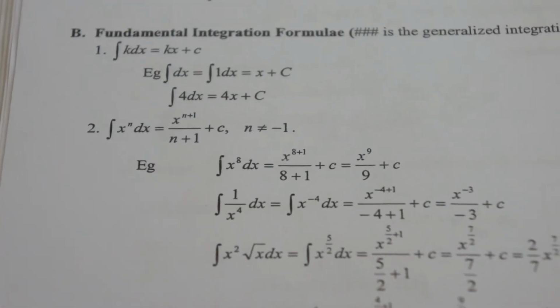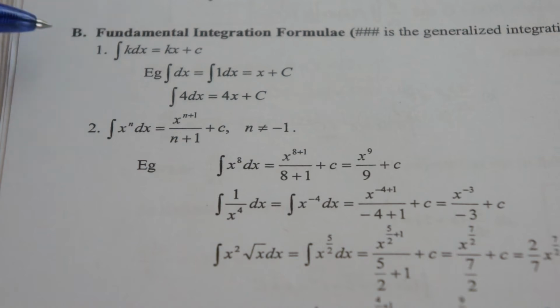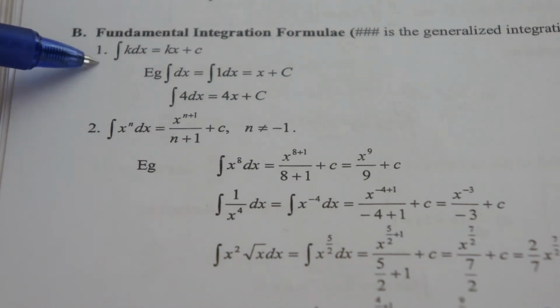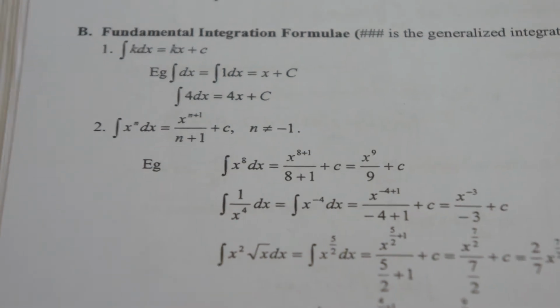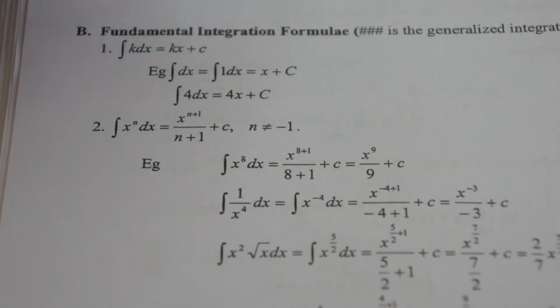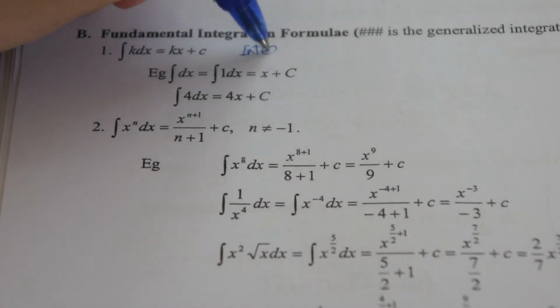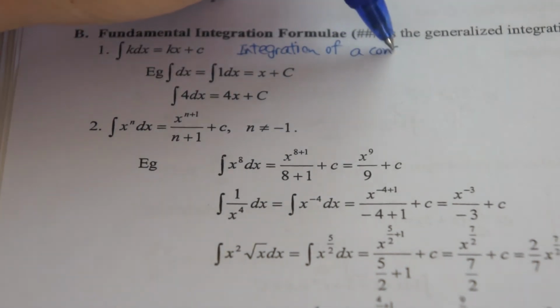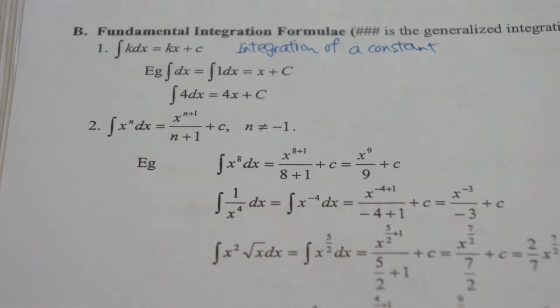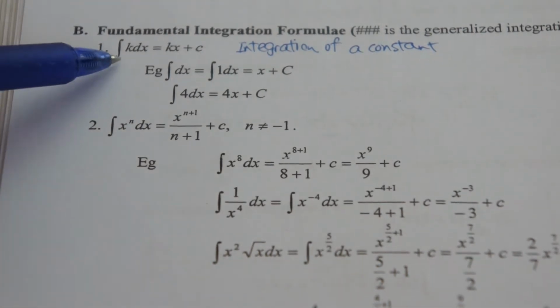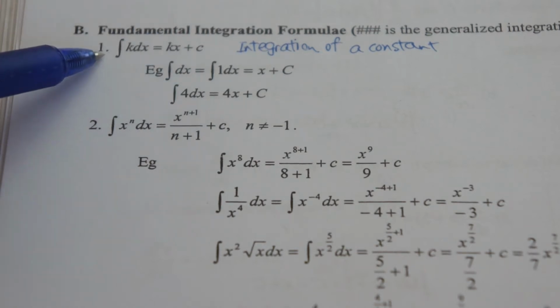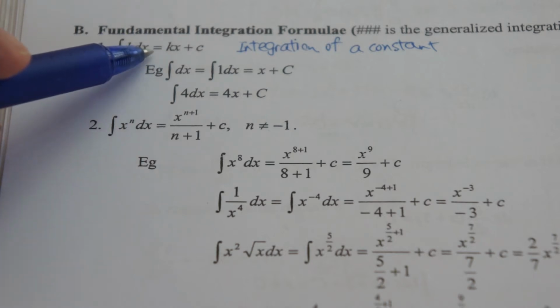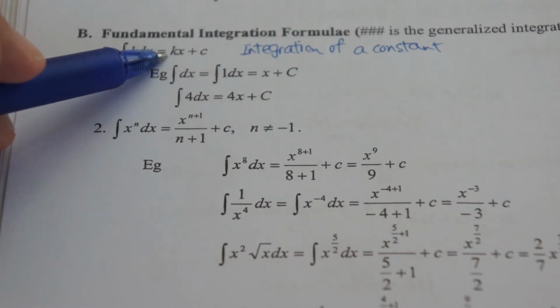For part B, fundamental integrations by formulas, we can follow 6 rules. Rule number 1, the integration of a constant. If we integrate the constant k, the answer is kx plus c. Remember not to make confusion between differentiation and integration.